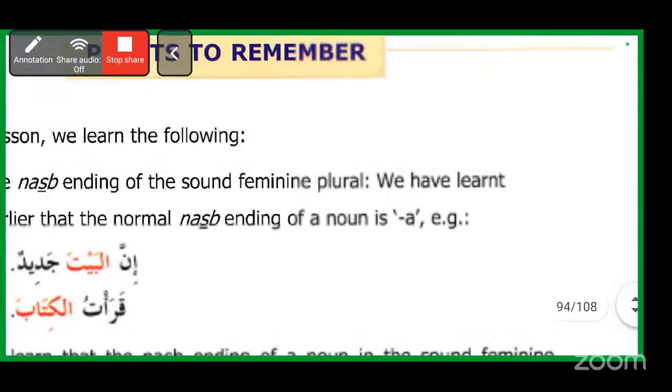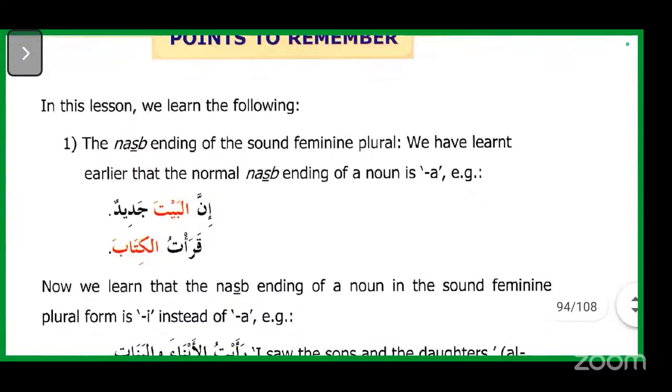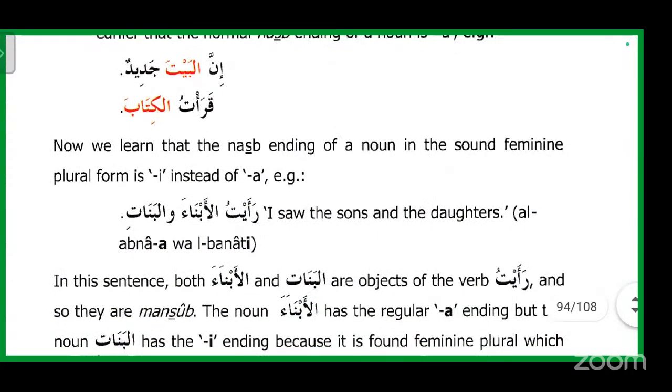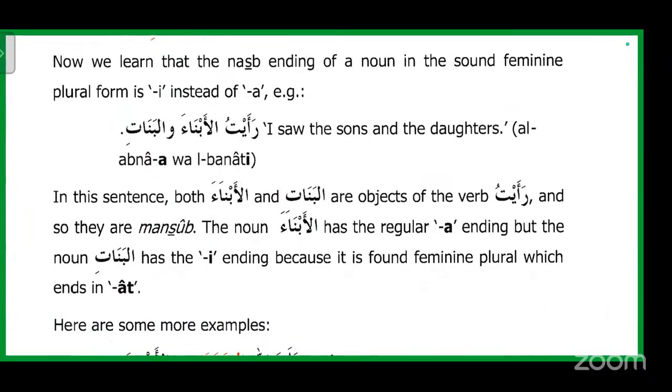Inna al-bayta jadidun. Qara'tu al-kitaba. Ra'aytu al-abna'a wal-banati. In this sentence, both abna and banat are objects of the verb ra'aytu. Ra'aytu means I saw. I saw boys and girls, right?